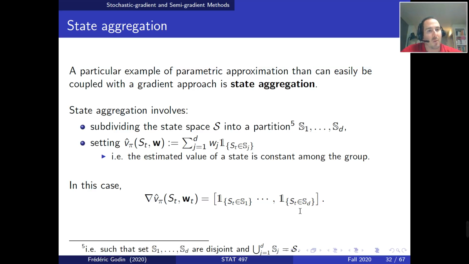So that means that whenever we do an update in the semi-gradient method, if the current state st falls in aggregate j, then we're going to update the value of all states in aggregate j, and the values of all other states will remain the same. So every time we fall into a new state, we update the value for a single aggregate and leave the others untouched.